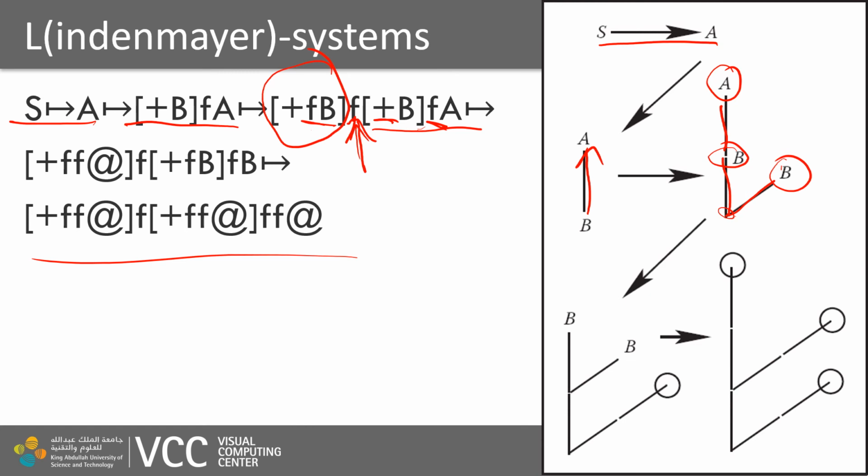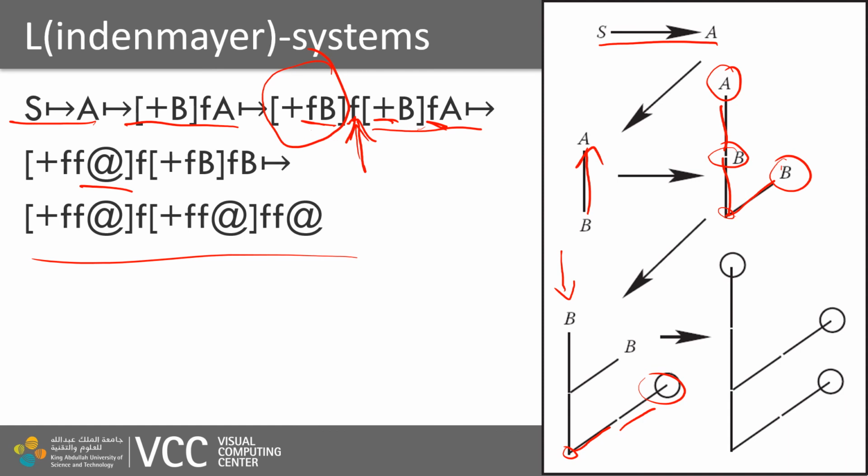The fourth level is drawn here. In this case, we are performing the rotation and twice F, 1, 2, and then we draw the circle with the at symbol, which are all the terminal symbols.